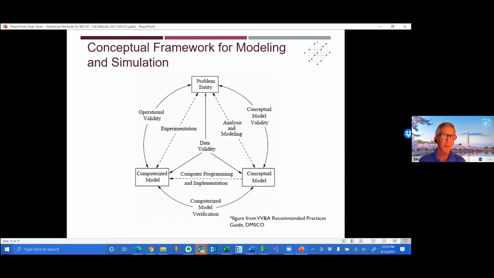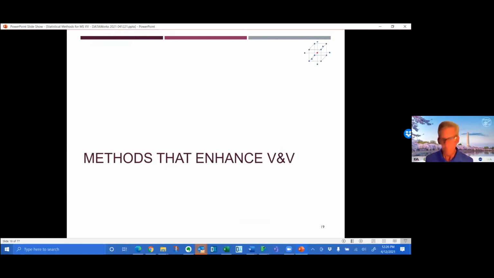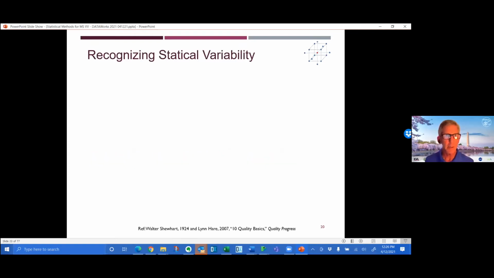So we're going to be bouncing back and forth, particularly here looking at experimentation, doing some comparison between the computerized and the live system under test, doing some analysis and modeling, and going back and forth between the conceptual model and the computerized model. A lot of arcs there, if you will, to be cognizant of when we are working on the V&V problem.